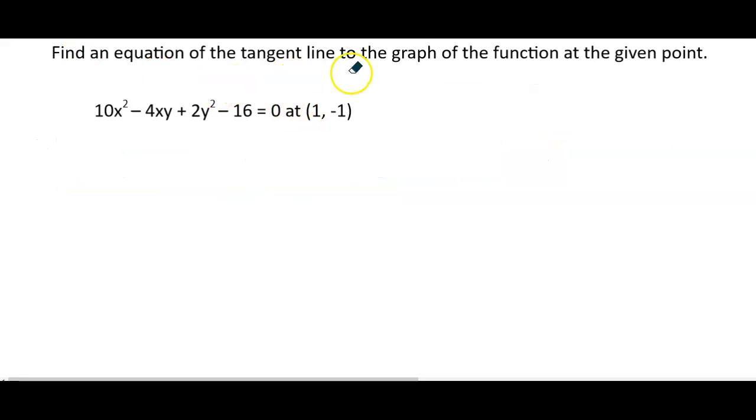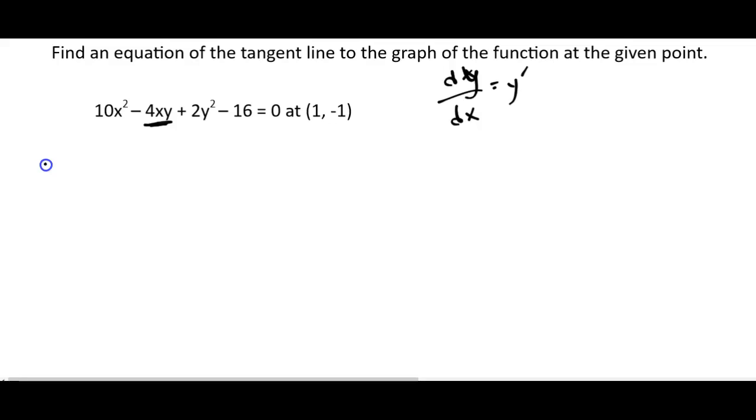Find the equation of the tangent line to the graph of the function at the given point. So we got to derive everything with respect to x of dy over dx equals y prime. This is going to require the product rule. Alright, we actually did this product in class.